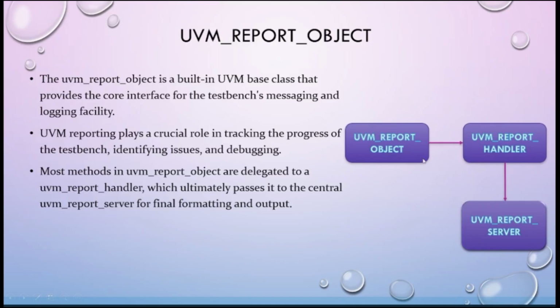Depending upon the severity and verbosity levels, the UVM report handler will handle those messages and send them to the UVM report server, where all the final formatting and the output display is done. This is what the UVM report object is doing.